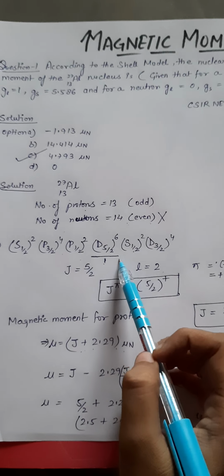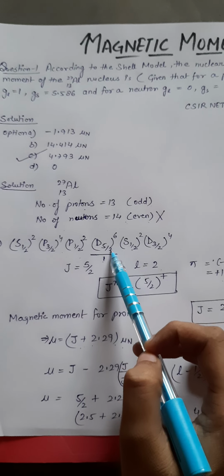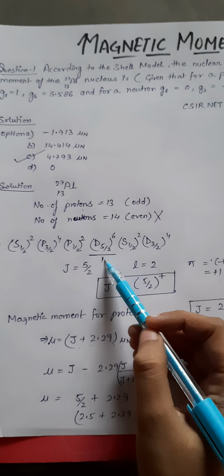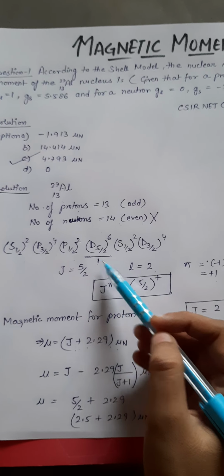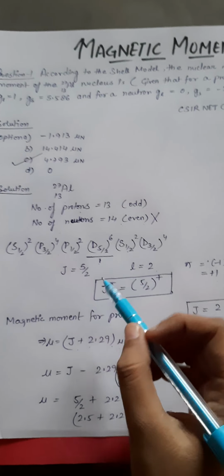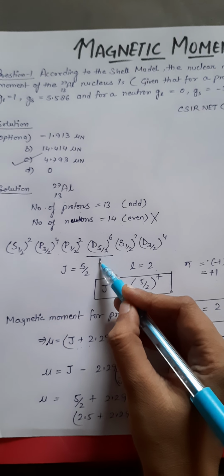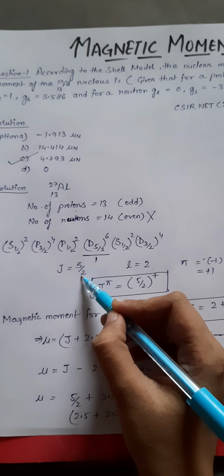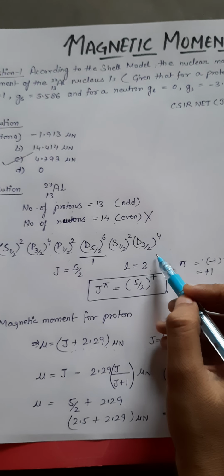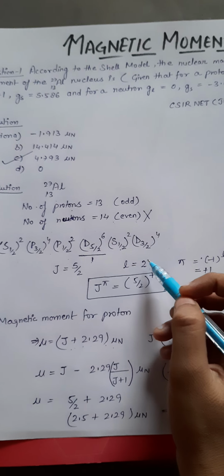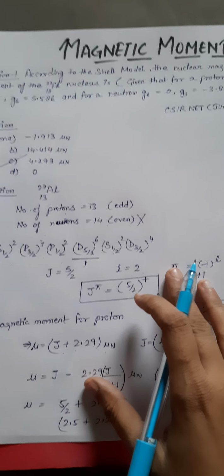So this is the configuration and you have to fill 13 protons in it, according to which we get J equal to 5 by 2 and L equal to 2, because we have filled it up to d 5/2. Here J is 5 by 2 and L is 2, because L is 0 for s orbit, 1 for p, and 2 for d.